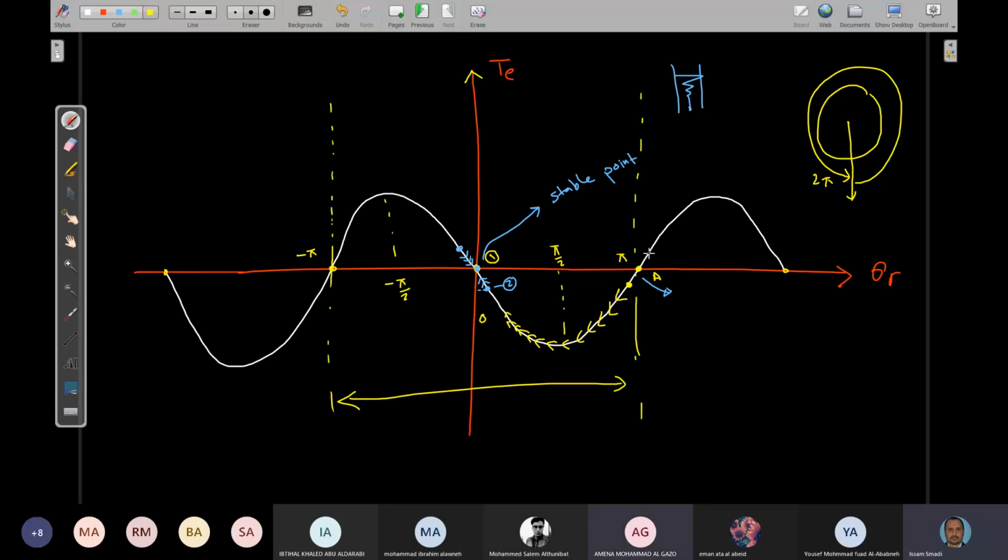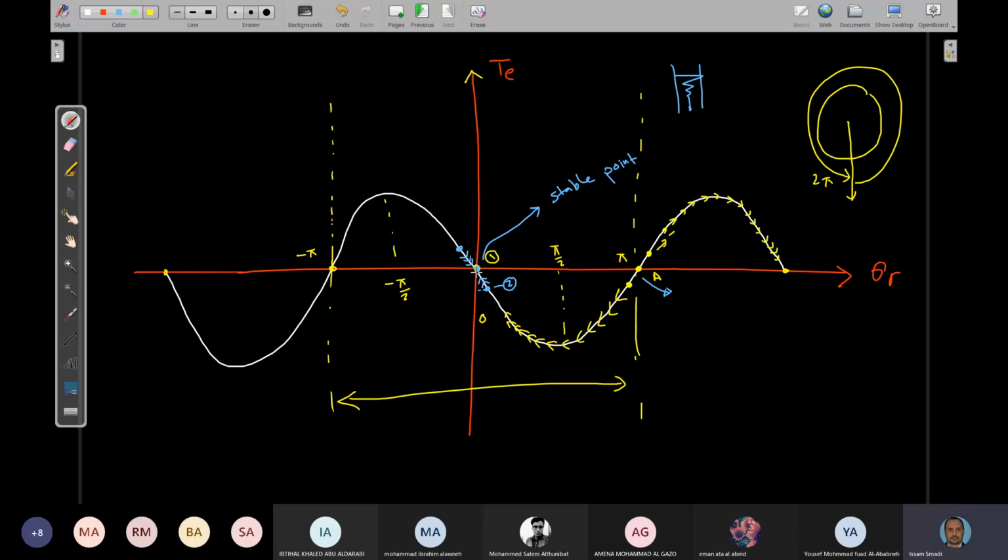The same thing. What about from here? The torque is what now? Positive. So the same thing. I will increase. The positive torque acts in the direction of increasing the angle until I'm reaching the 0 point.